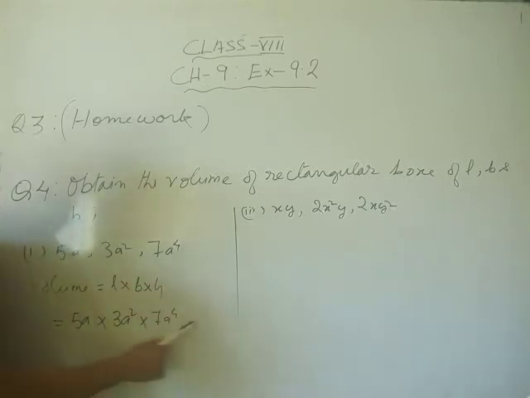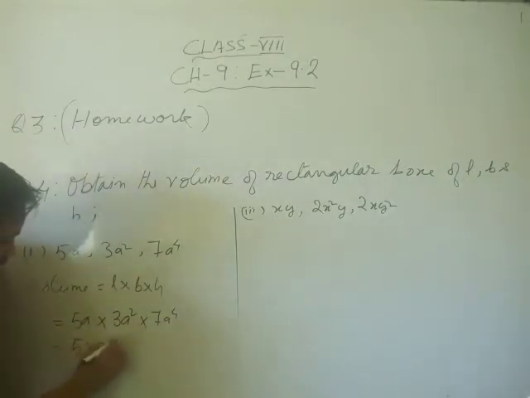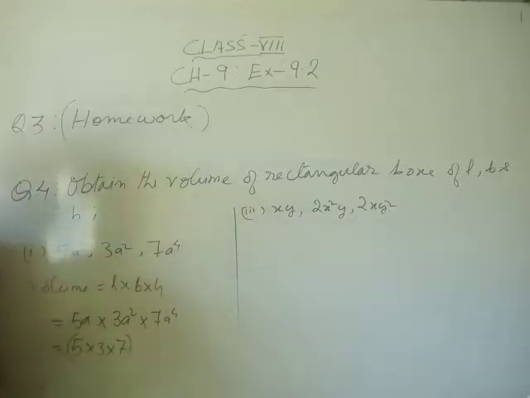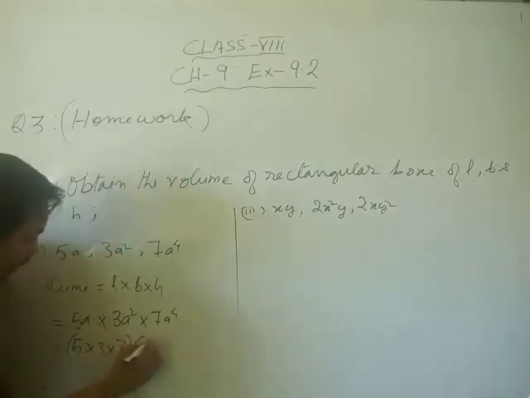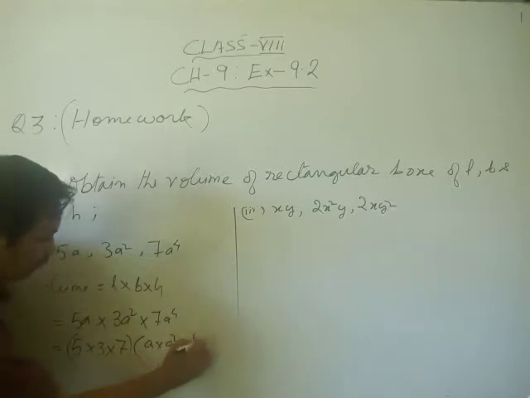So what we have to do is multiply all of these. They are monomials, single expressions, and we are going to multiply these monomials as per the given question. Let us multiply in such a way: 5 into 3 into 7 in one way, and a into a square into a4 in another way.